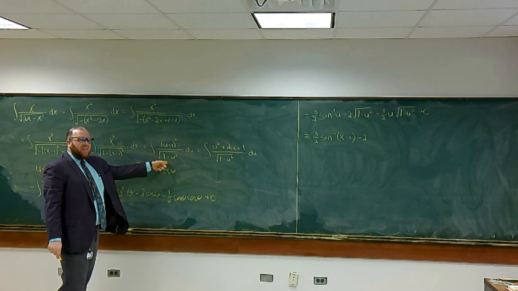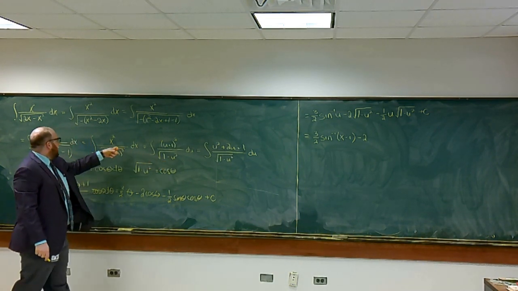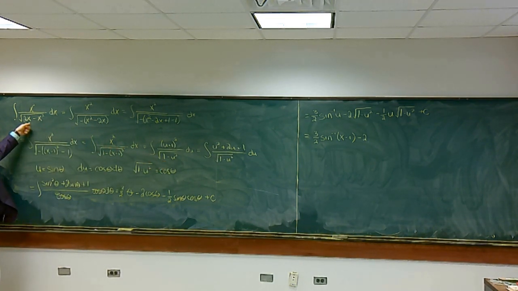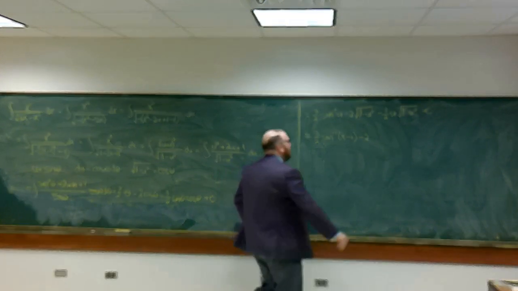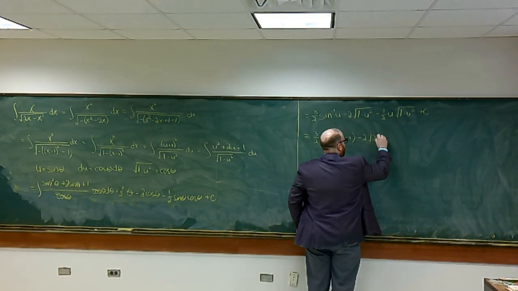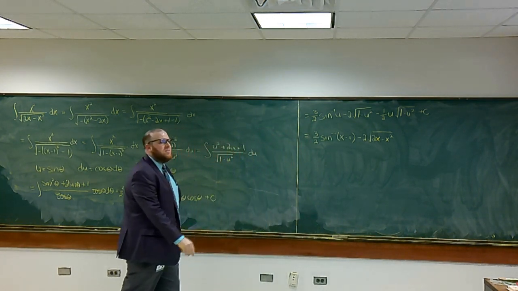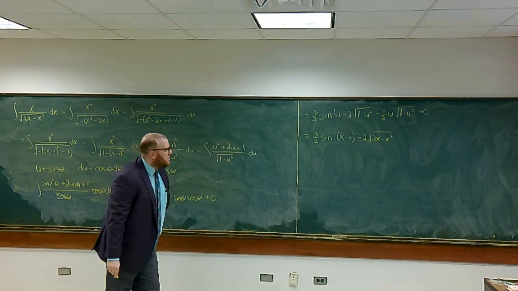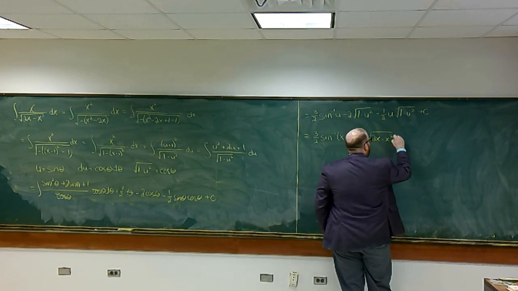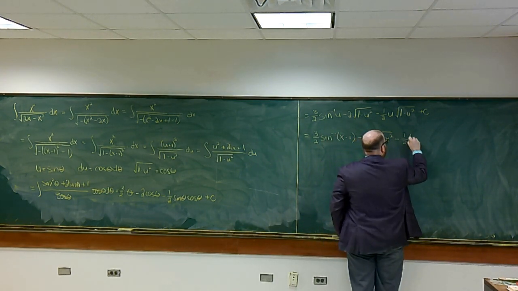If you follow this back, 1 minus u squared is 2x minus x squared. Yeah. Not plus.